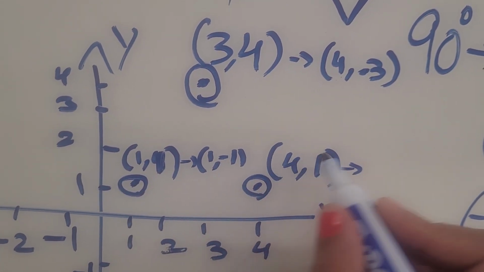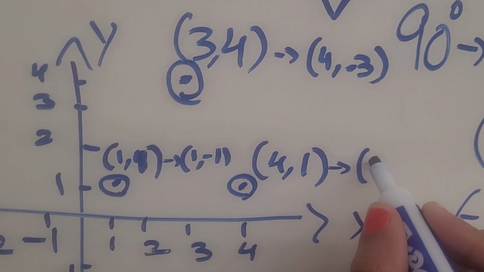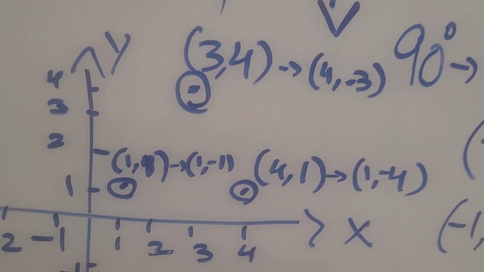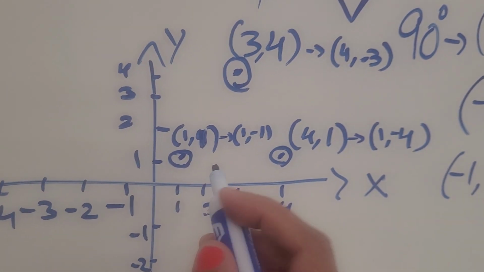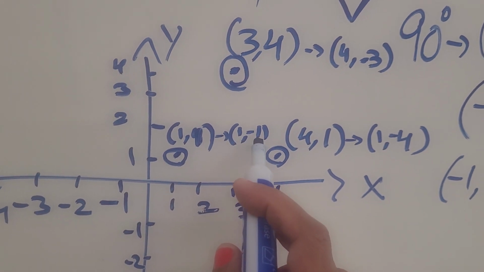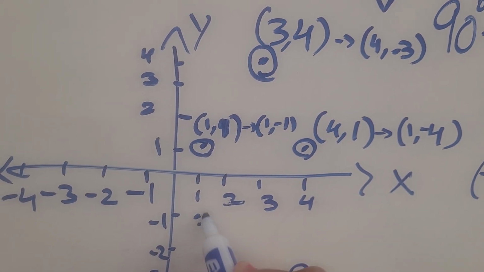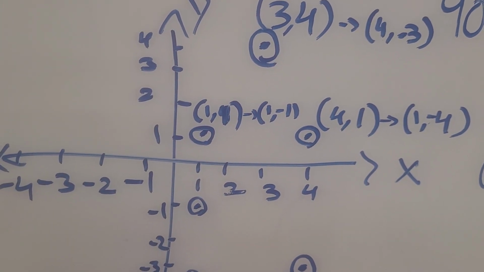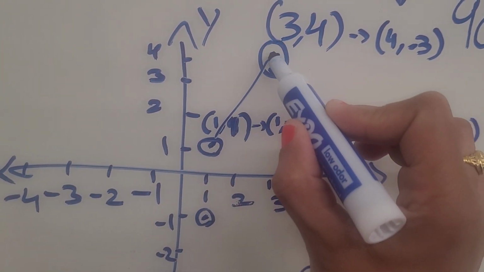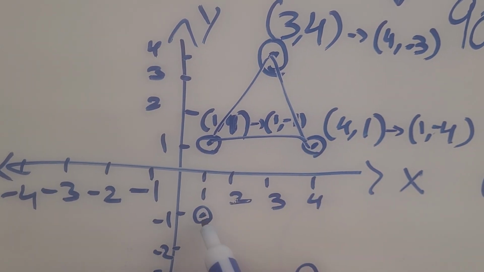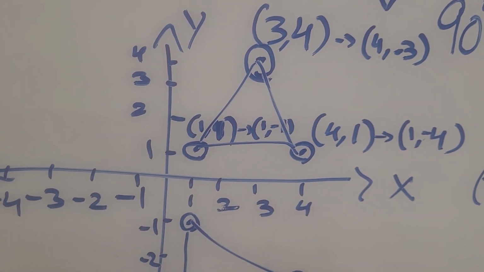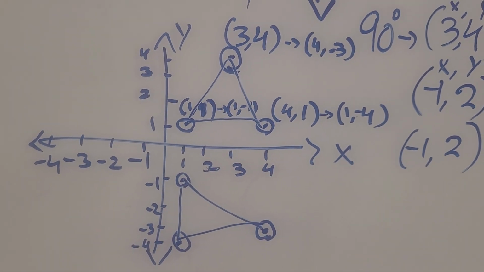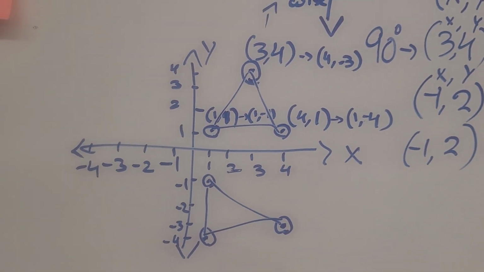When I'm rotating 4 comma 1 by 90 degrees, I need to change the coordinates. So 4 comma 1 becomes 1 comma 4 and apply the negative sign to 4, which is 1 comma minus 4. So the rotated points 1 and minus 1 can be plotted here, and 1 and minus 4 can be plotted here. So this is my initial triangle, and this is the triangle that I got from rotating the points 90 degrees in the clockwise direction.